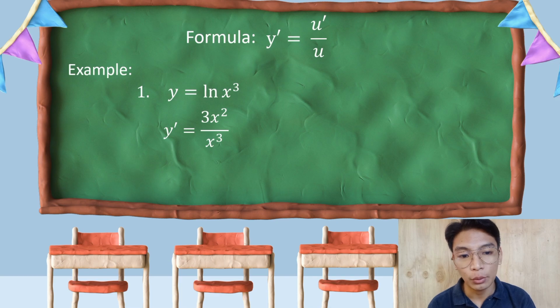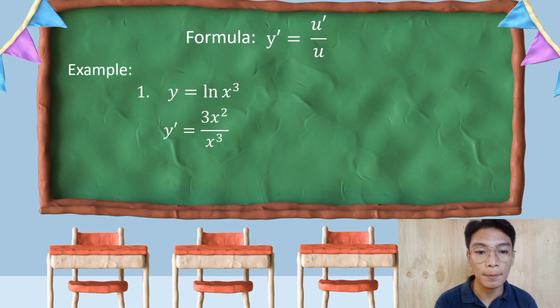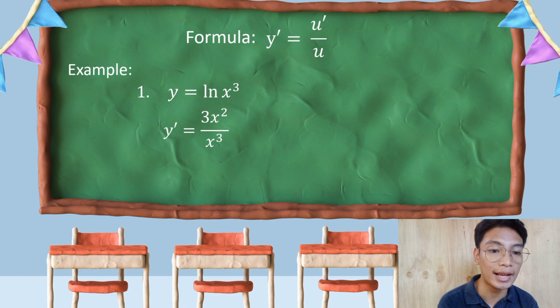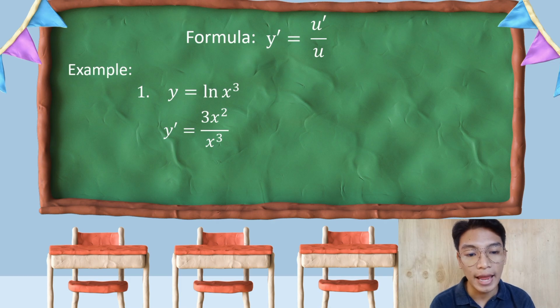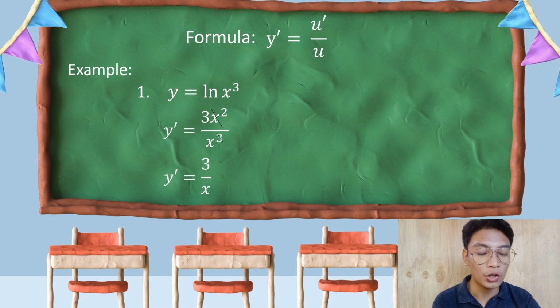As you can see, we derive the formula: we get the derivative of x raised to 3, which is 3x squared, and divide it by its original self, which is x cubed. To simplify, we cancel the x squared in both the denominator and numerator. So for number 1, the answer is y prime equals 3 over x.